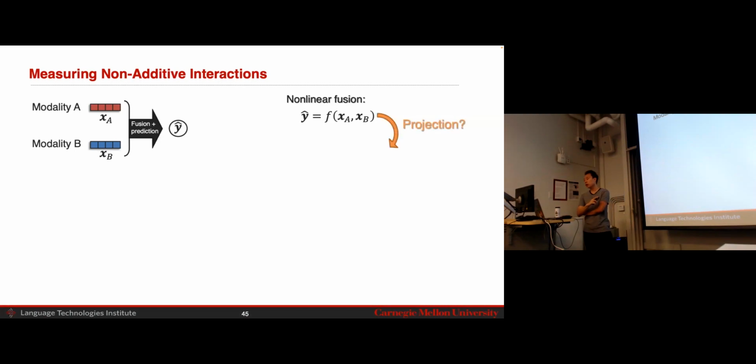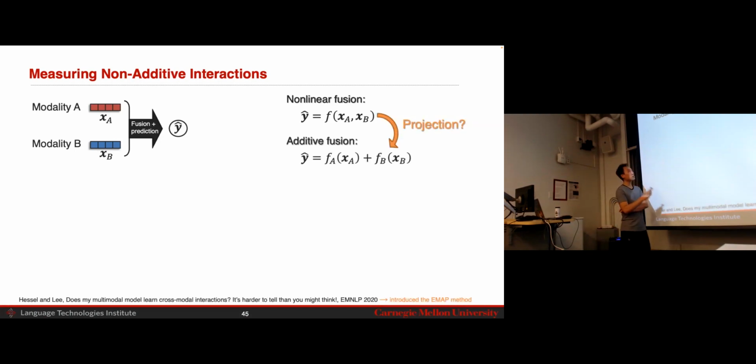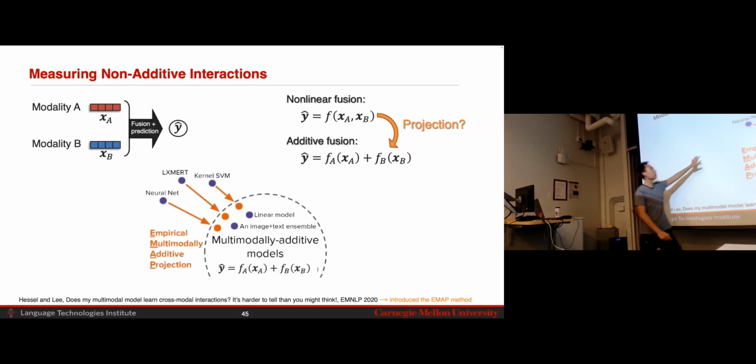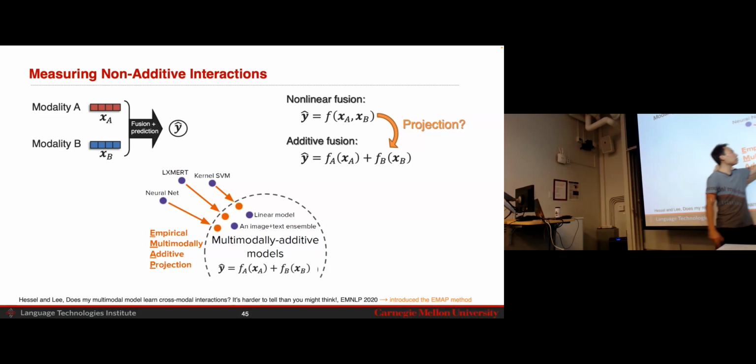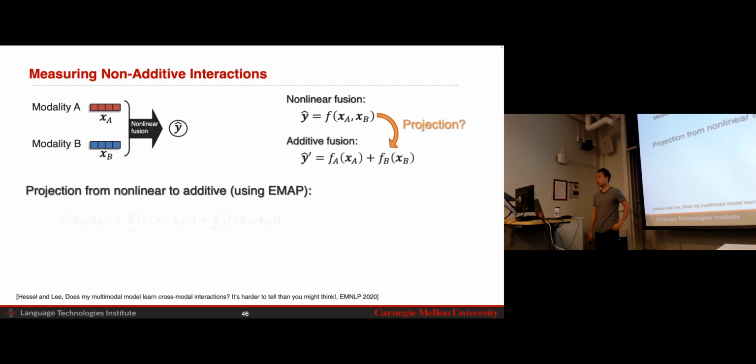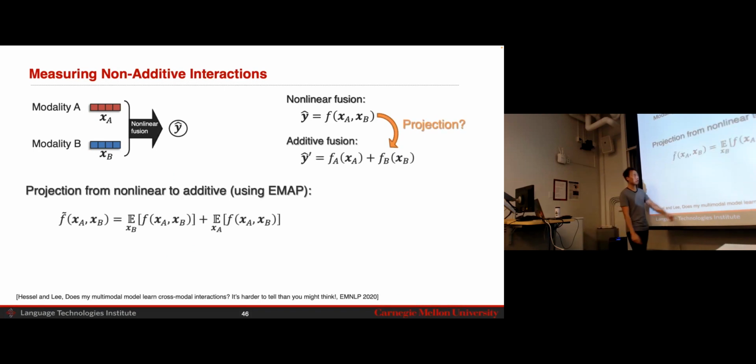So I'm going to define a projection, because I'm going to take this neural network f. I'm going to try to find the closest function that is just additive in nature, fA and fB, right? So essentially taking all these complex models, which are not additive, right? These are very complex nonlinear models. I'm going to project them into the closest models in my space of additive models. And as a way of actually doing that exactly, if I have my original function f, I take an expectation over xB.